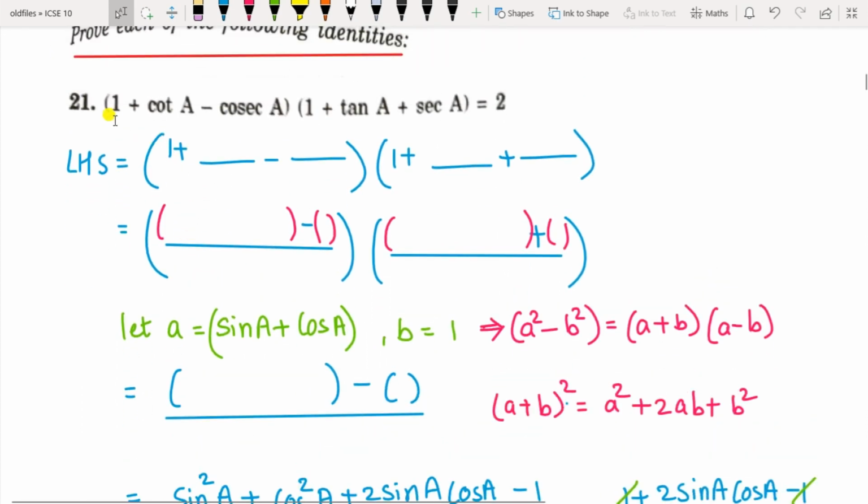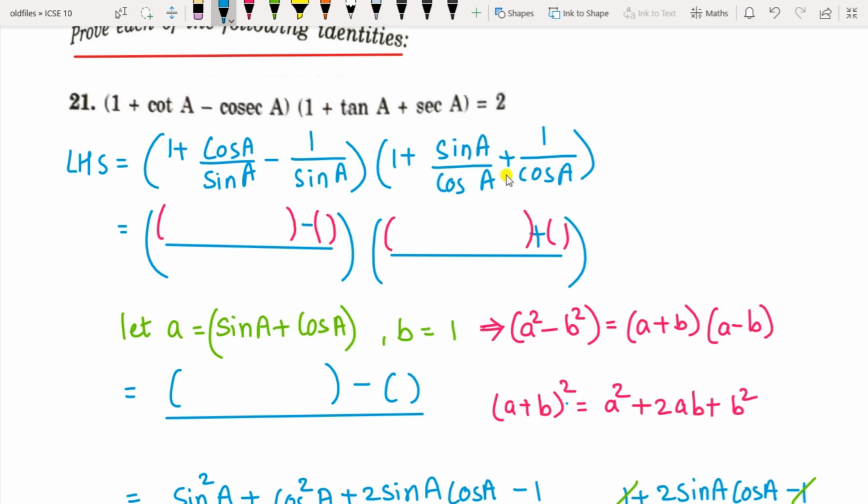The question given is 1 plus cot a minus cosec a and 1 plus tan a plus sec a. So this is 1 plus cot means here you have to write cos a upon sin a, and cosec means 1 upon sin a, that is the property of reciprocal and quotient identity. And tan means 1 plus sin a upon cos a, and sec means 1 upon cos a.